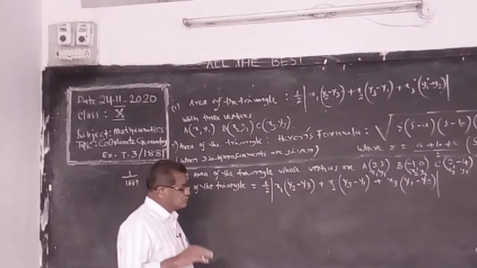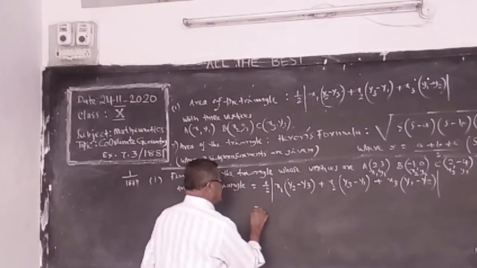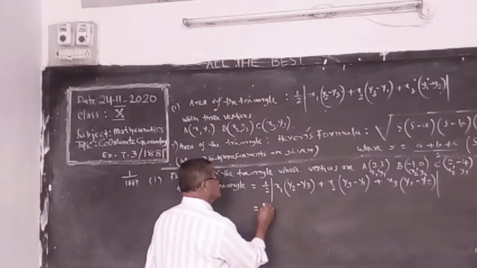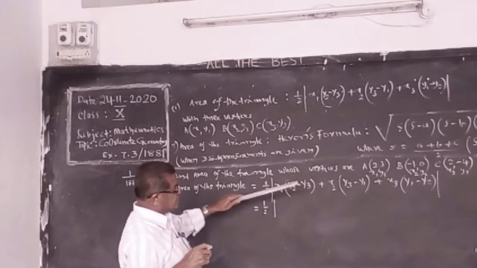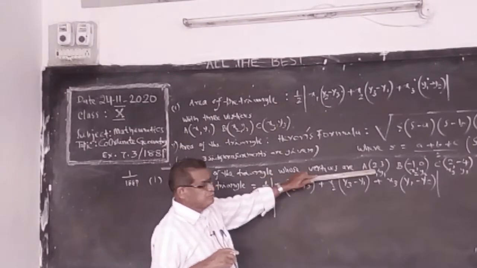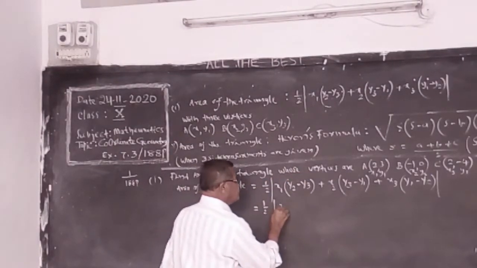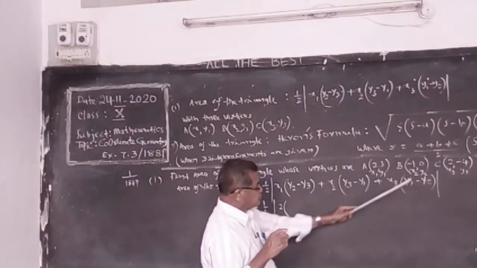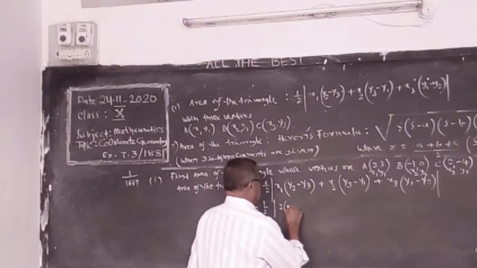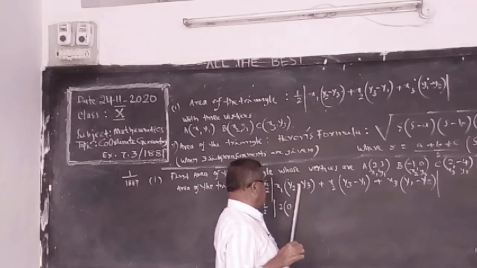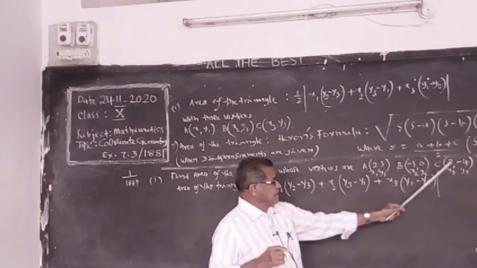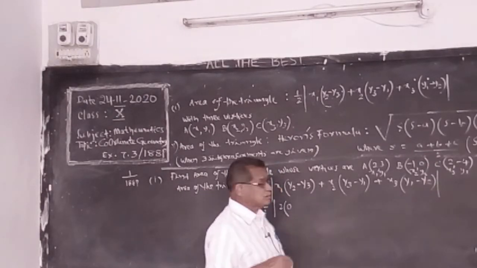Now simply substitute. This equals half of x1, which here is 2, times (y2 which is 0, minus y3 which is -4). In the formula there is a minus, so minus into minus becomes plus.